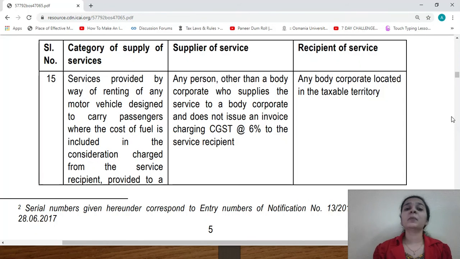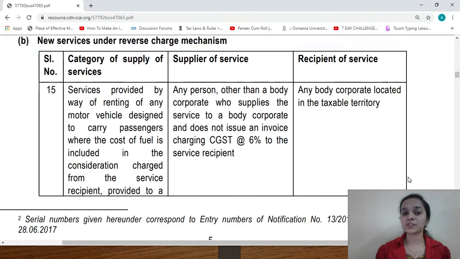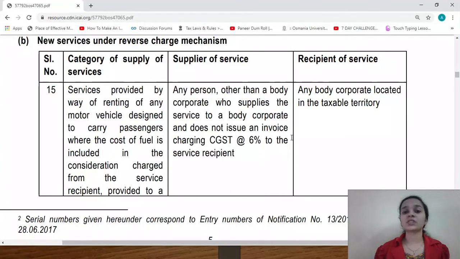But there's a slight difference in the column of supplier of service. In the previous scenario we've seen that it is any person other than a body corporate who is paying CGST at 2.5% on renting a motor vehicle and claiming limited ITC. Now let's look at what is the change which has come up.